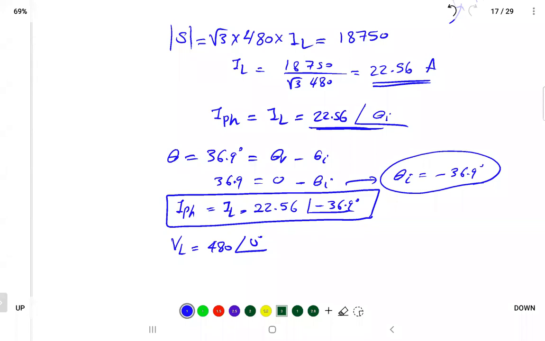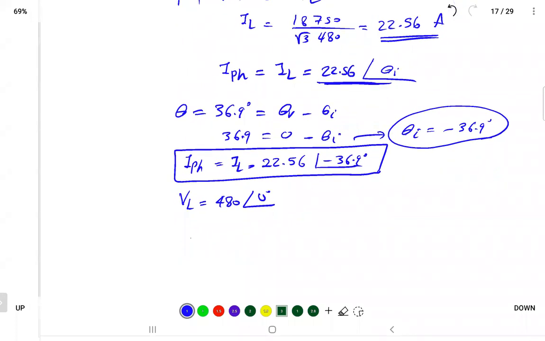If you go back to the table, you'll find that in Y connected load or source, the magnitude of the line to line voltage is bigger than the phase by √3. Let me remind you, the line to line voltage in star load, the line voltage is equal to √3 times the phase voltage, right? It's the only thing.